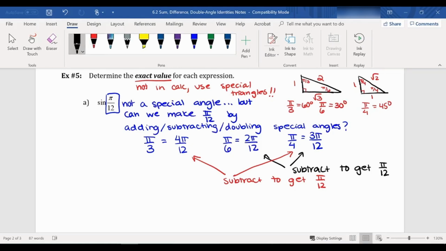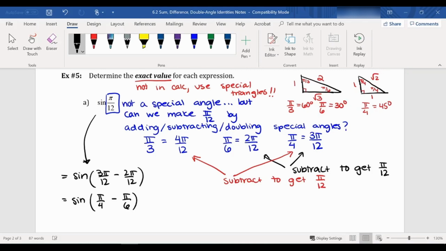Okay. So if I do the ones in black, the 3 pi over 12 and 2 pi over 12, this means I can rewrite this as 3 pi over 12 minus 2 pi over 12, right? Because pi over 12 and that stuff in the brackets are equal. Now I'm going to rewrite these again so that these are my special angles.